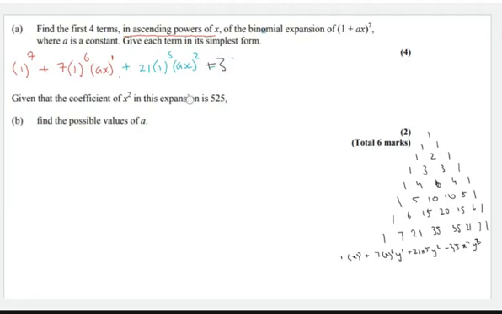Cool. 35, 1 to the power of 4, and ax to the power of 3. So I'm going to ask you to do that check where the powers are going up and down, and if all the powers are adding up to 7. Yes. So that's the first 4 terms.